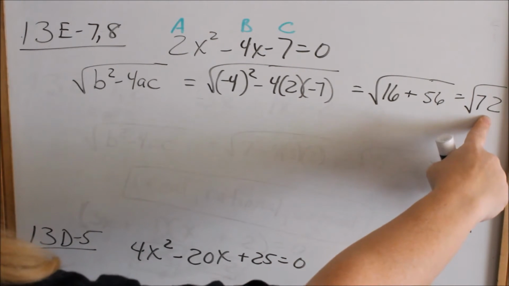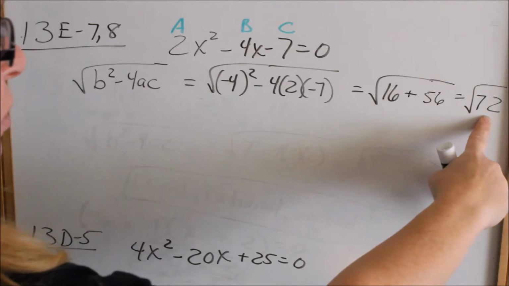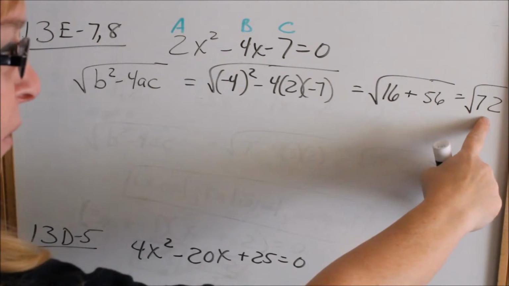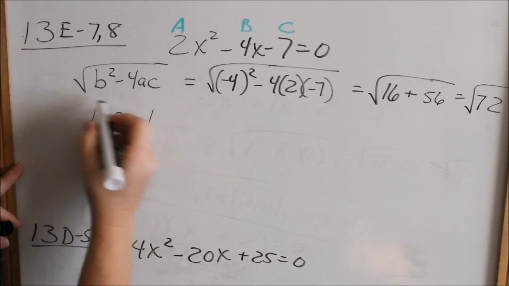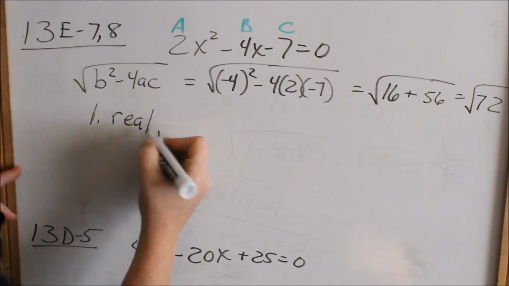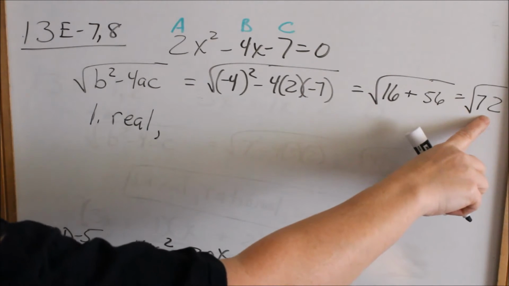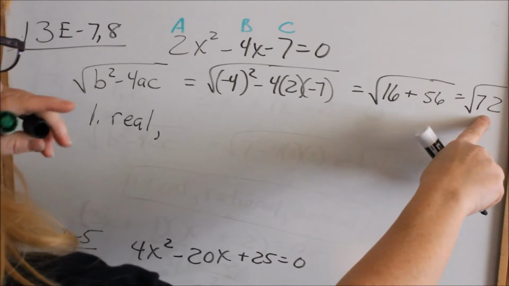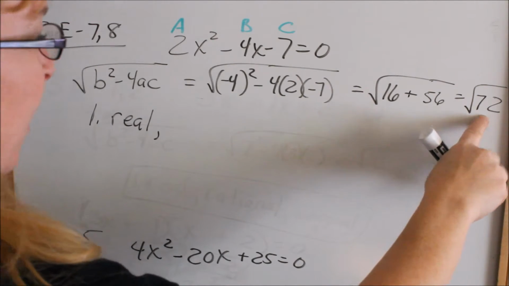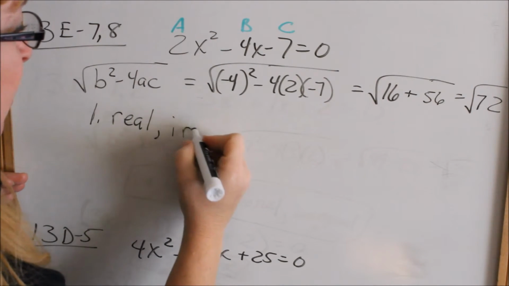That's the first thing you have to ask yourself. You break it down to real or imaginary. Well, there's no negative under the radical, so therefore I have a real number. And then, is the square root of 72 a perfect square? No. When it's not a perfect square, then it's irrational.